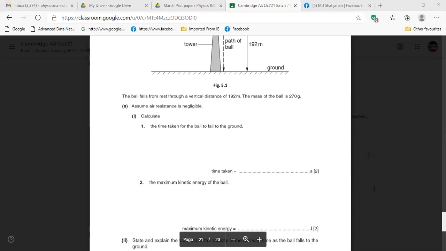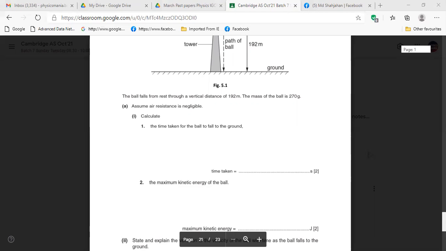Yes sir. I used GPE at the top, so kinetic energy at the bottom should be equal to GPE at the top, right?